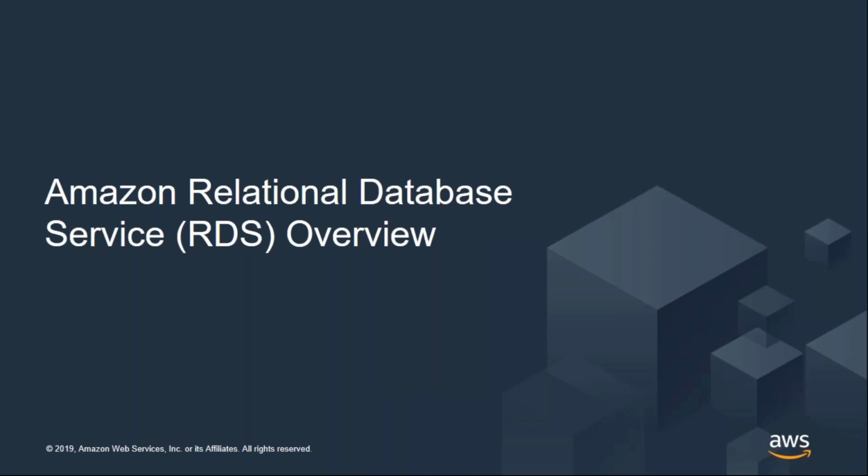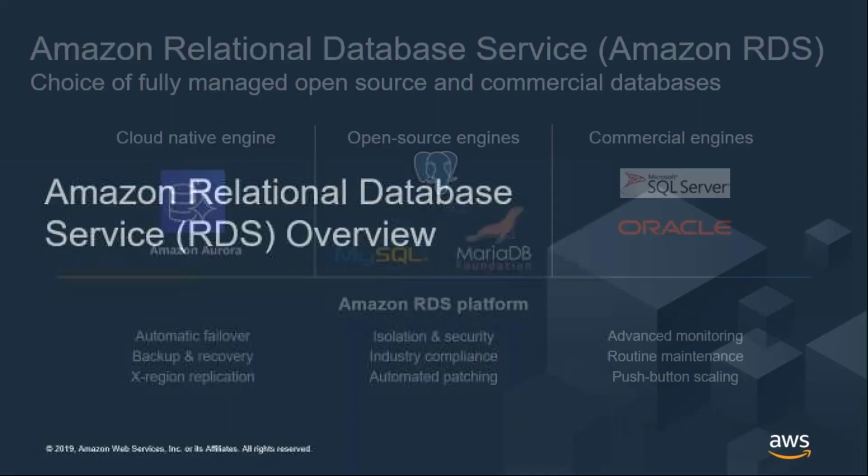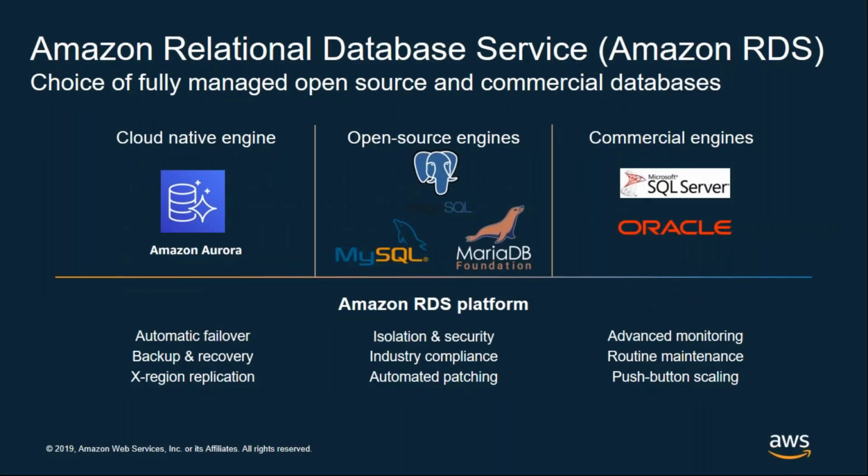All right. So what is Amazon Relational Database Service? For those who are not familiar, RDS is all about choice. It's an AWS service which offers a fully managed open source and commercial database offering. So in the open source space, we offer PostgreSQL, MySQL, and MariaDB. In the commercial engine space, we offer SQL Server and Oracle.